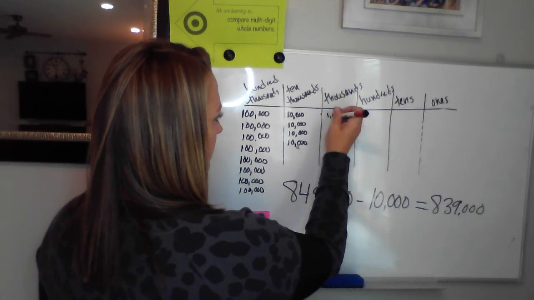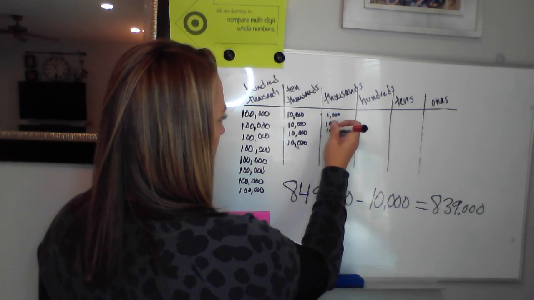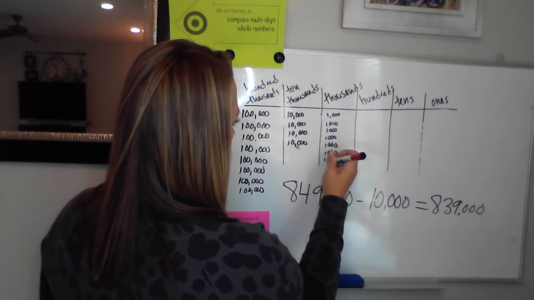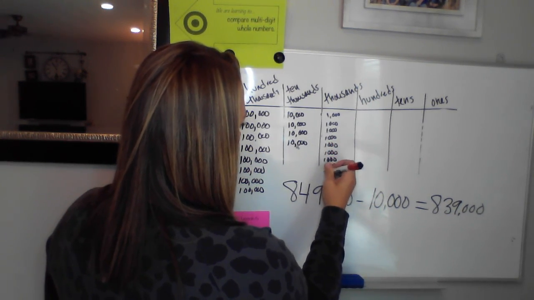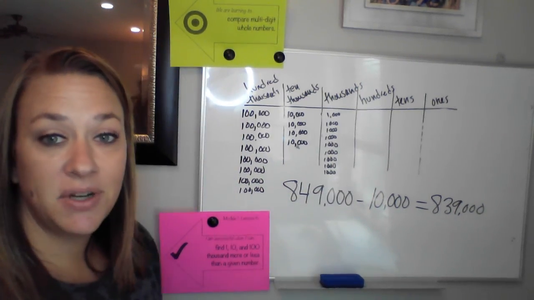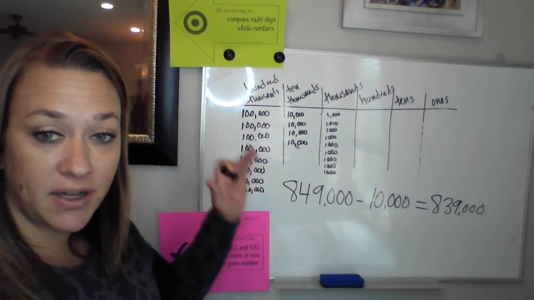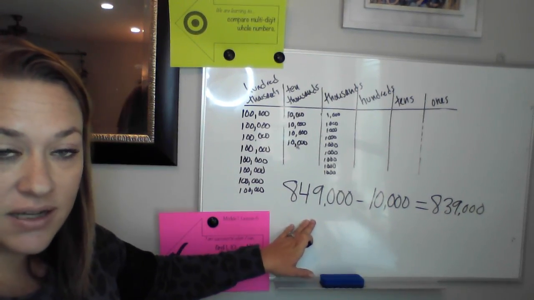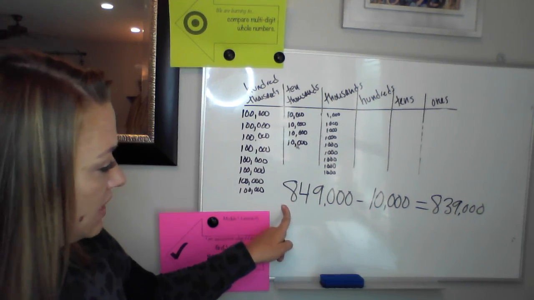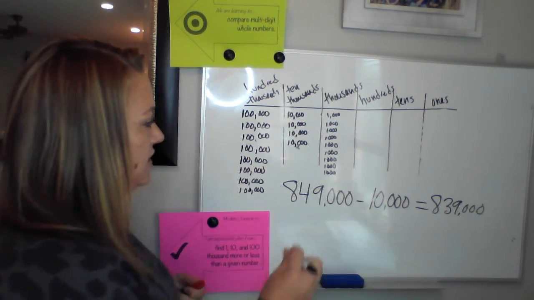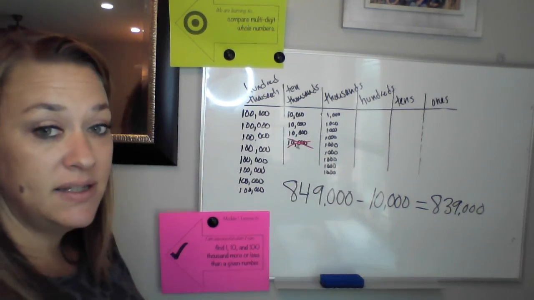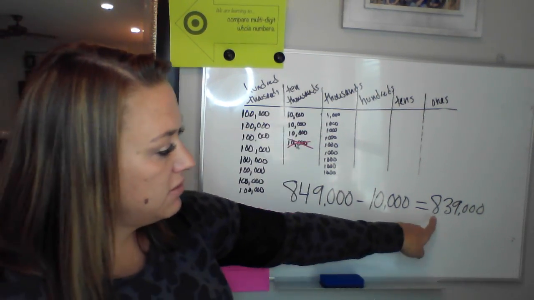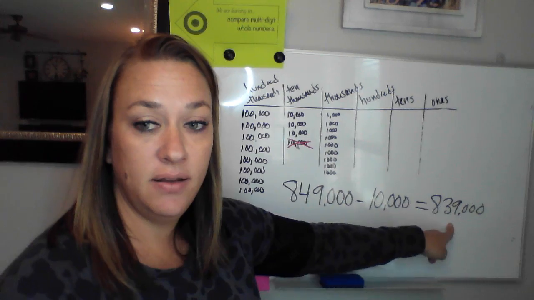And my 9,000s. This is why we wouldn't want to use the place value chart all the time. Look how long that took me, right? So that's why when we did it just before, how much quicker and easier that is. But our 100,000 stays the same. We're taking away 1 10,000. So I still have 8. Now I have 3 and 9. 839,000.